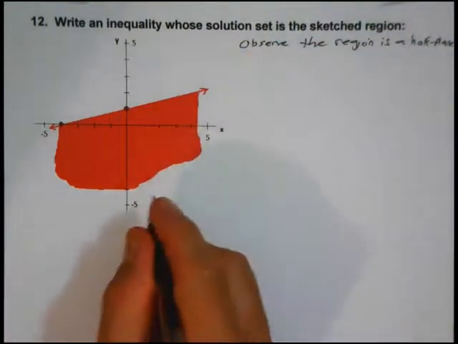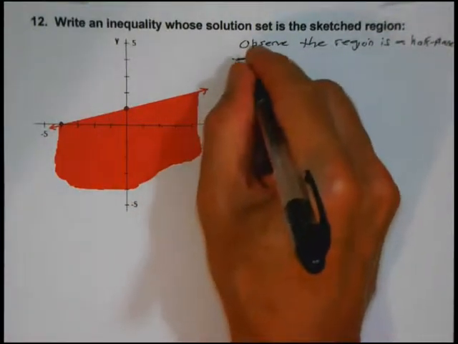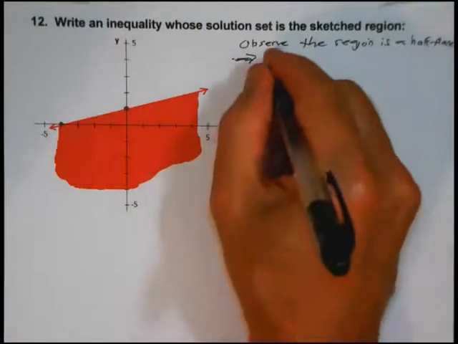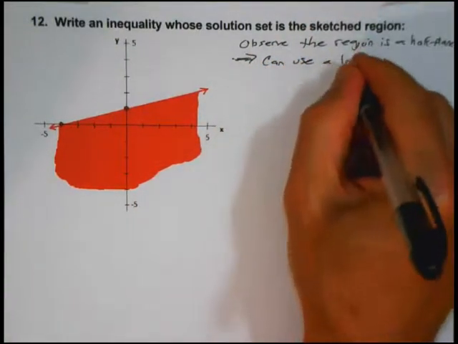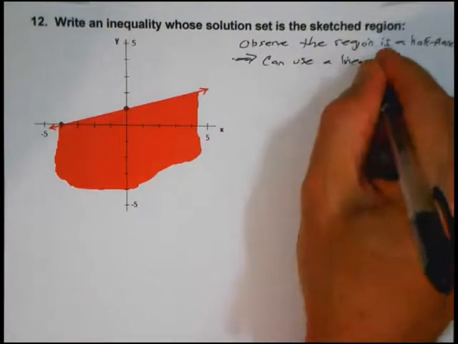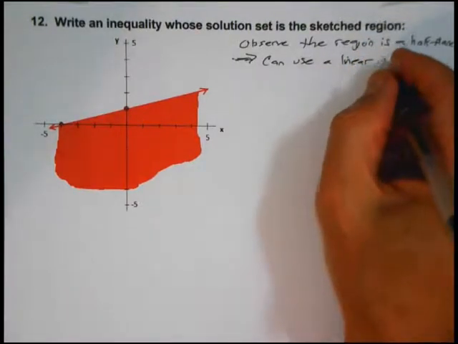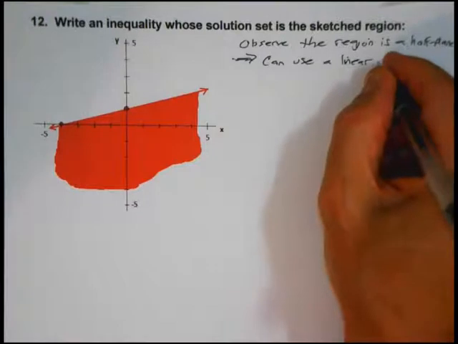And once we have a half plane, we know what can work here. We can use a linear inequality. The graph of a linear inequality is always a half plane, which is just what we have here.